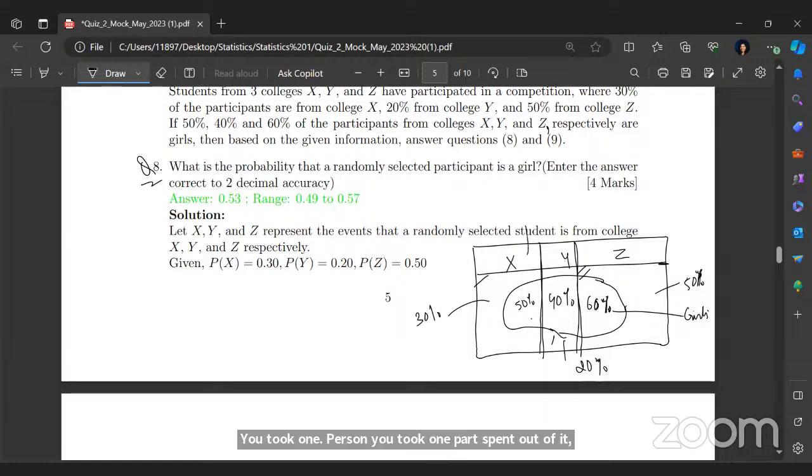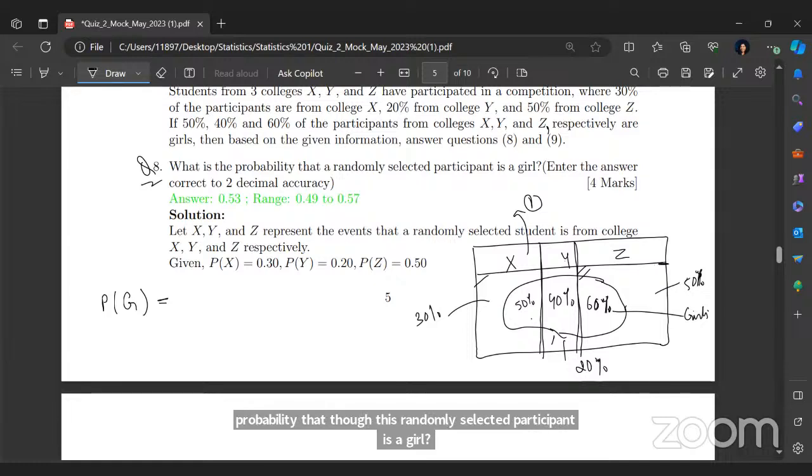From this, choose one participant. What is the probability that this participant is a girl? I will denote girl with G. What is the probability that this randomly selected participant is a girl?